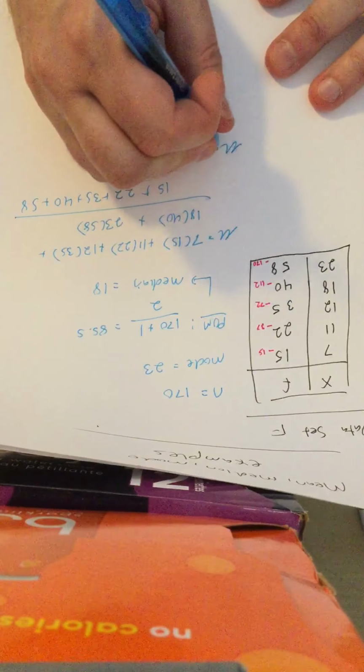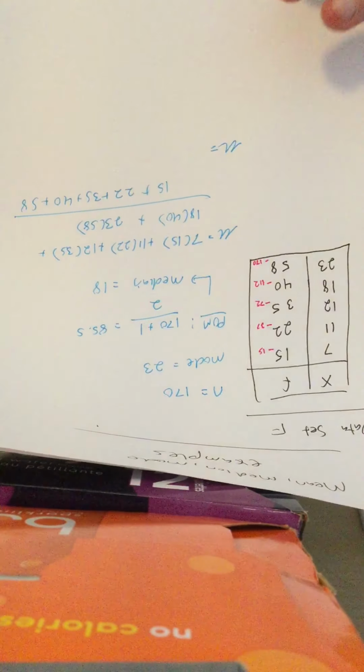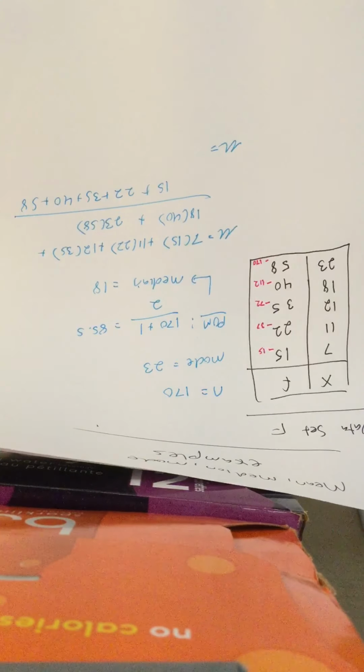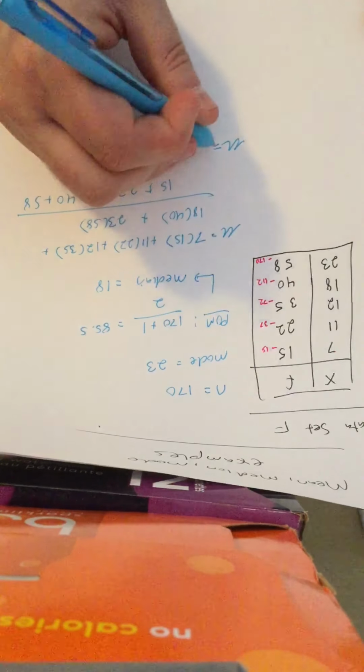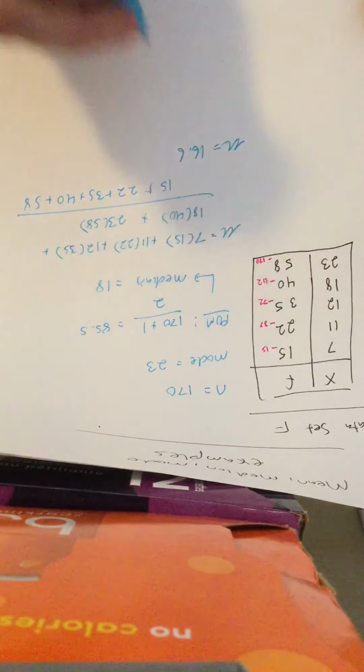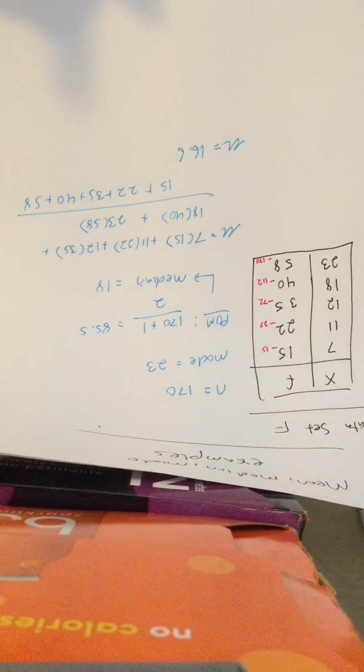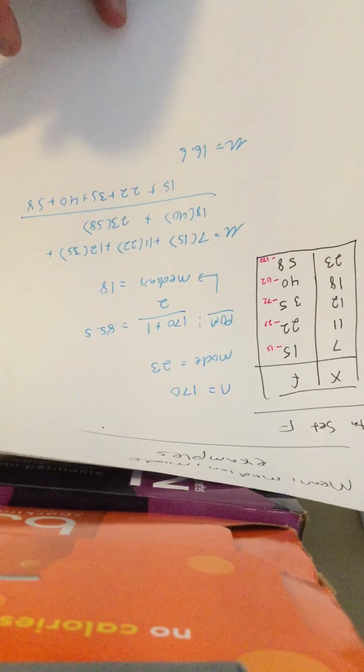And this I definitely cannot do in my head. And so that's going to give us... I got 16.6. I did that quickly though. If I'm wrong, let me know in the comments. Okay, and that's data set F.